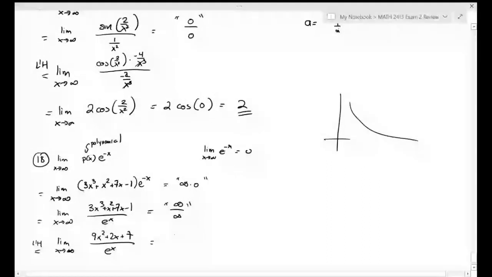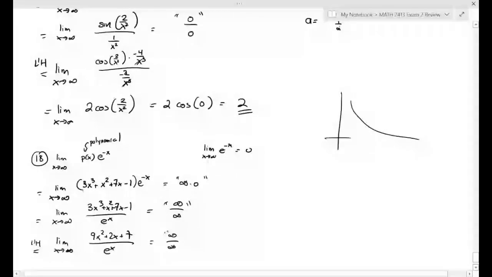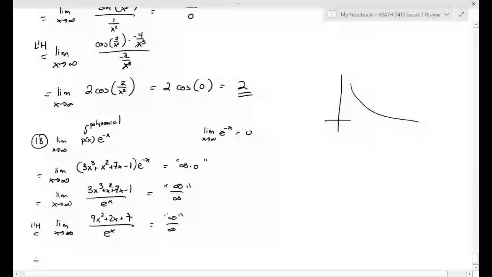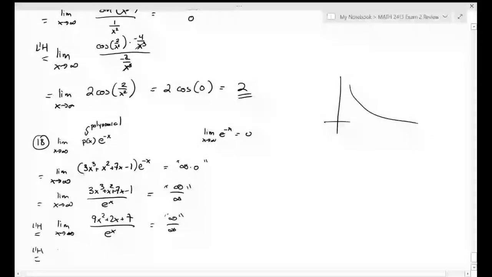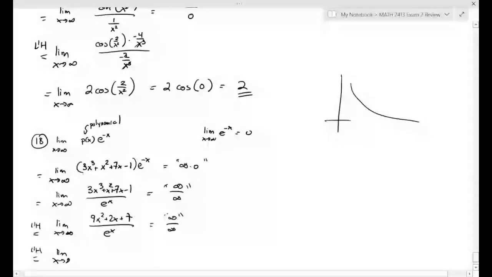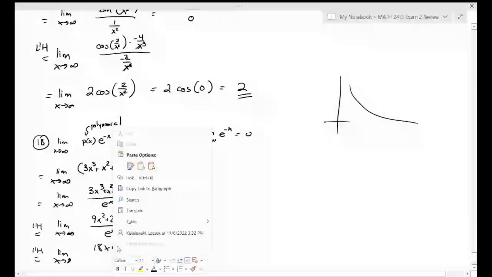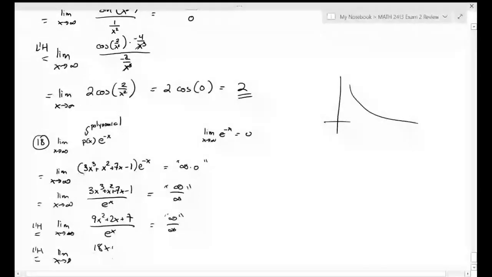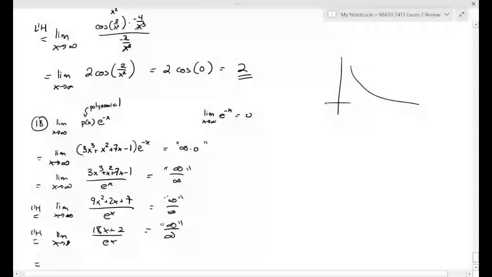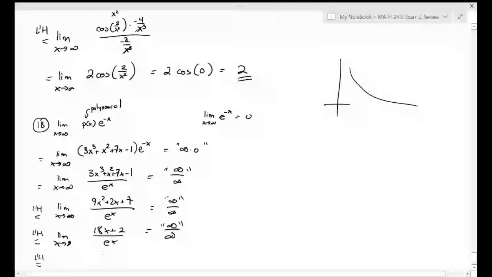We still get infinity over infinity, but the point is just keep going. Right? 18x plus 2. Well, we're almost there. You still get infinity over infinity. And again. 18 upon e to the x.